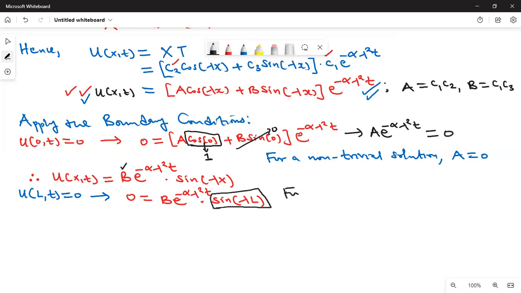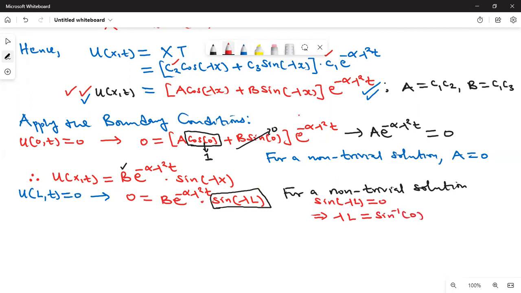So you can write for a non-trivial solution, it is the sine of lambda L that should be equal to 0. So that means lambda L is equal to sine inverse of 0.